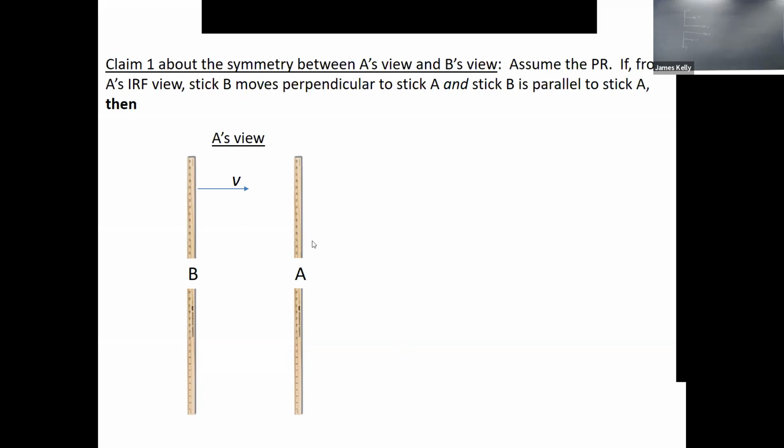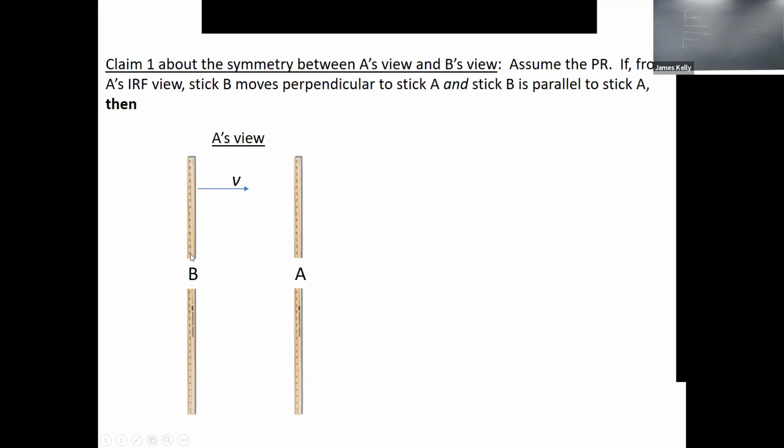In other words, we've held these meter sticks here, measured them against each other when they were both sitting at rest. They're absolutely identical. One of them is going to be at rest with respect to observer A, and one of them is going to be at rest with respect to observer B, or inertial reference frame B, which is moving with respect to A. So if we take A's point of view, of course, A's identical meter stick is sitting at rest, and we're going to set B's meter stick.